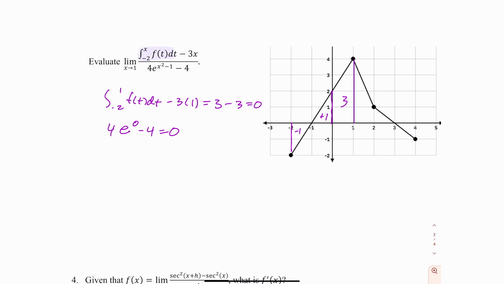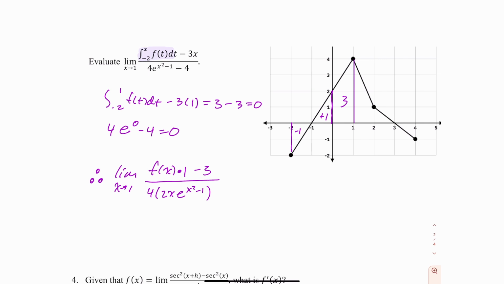So we'll say the limit as x approaches 1 of the derivative of the integral from -2 to x of f of t dt is going to be f of x times 1, and then the derivative of -3x is just -3, over the derivative of 4e to the x squared minus 1, which is going to be 4, and then 2x e to the x squared minus 1 because of the chain rule, and then the derivative of -4 is 0.